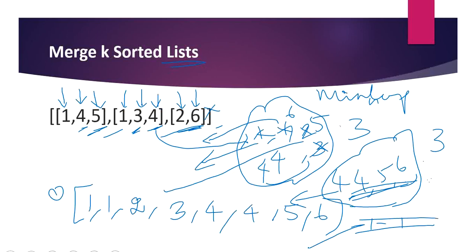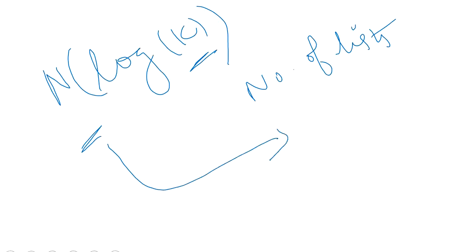Before getting into code, the time complexity it takes is n log k. Here k is the number of lists given as our input, and n is the number of elements or nodes present in those lists. We are going to perform n log k twice.